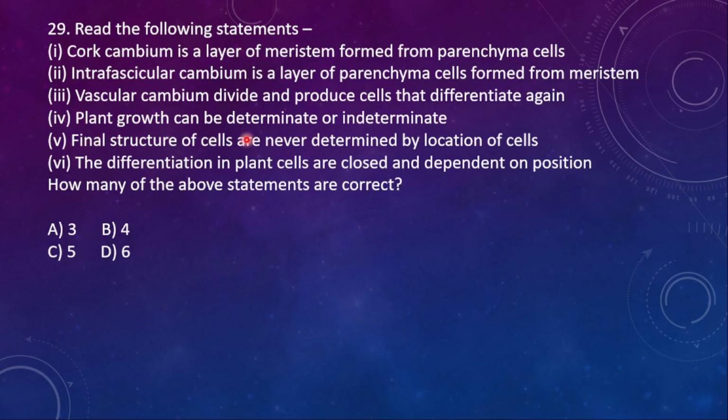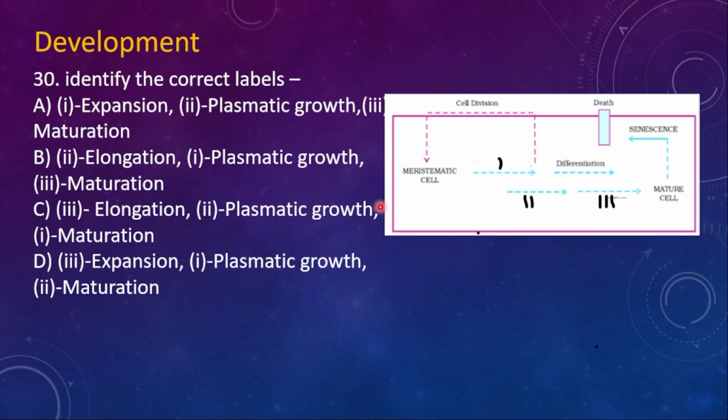Final structure of cells is never determined by location of the cell. 6. The differentiation in plant cells is open and dependent on the position. How many of the above statements are correct? And then here the right option is option A. 3 are correct among them.